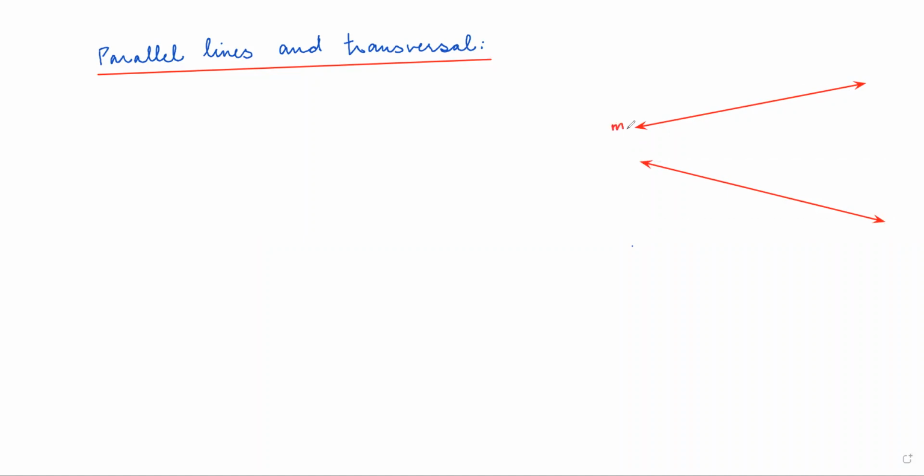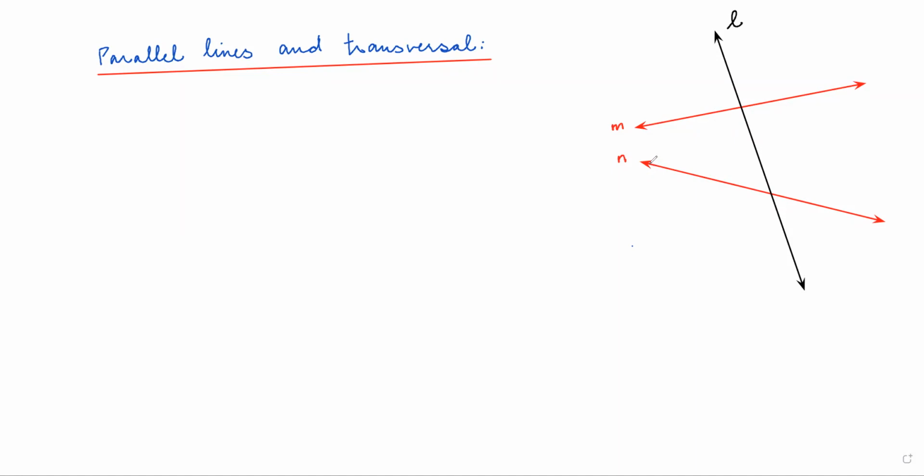This line's name is M with small letter and this line is N. Now students, when another line is intersecting both the lines, that line is known as transversal. So let us say, at any angle, this is the transversal named L, which is intersecting these two non-parallel lines M and N.